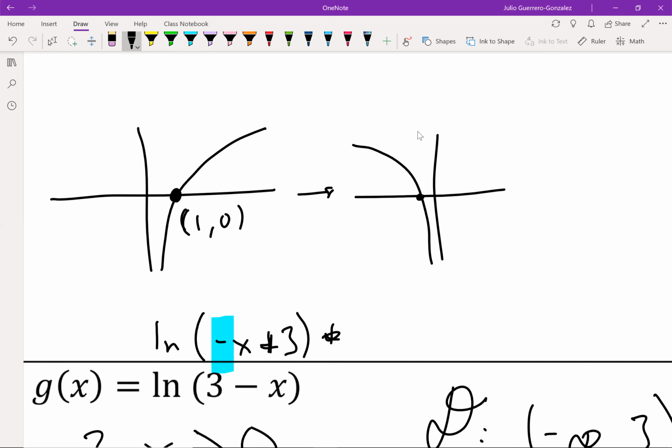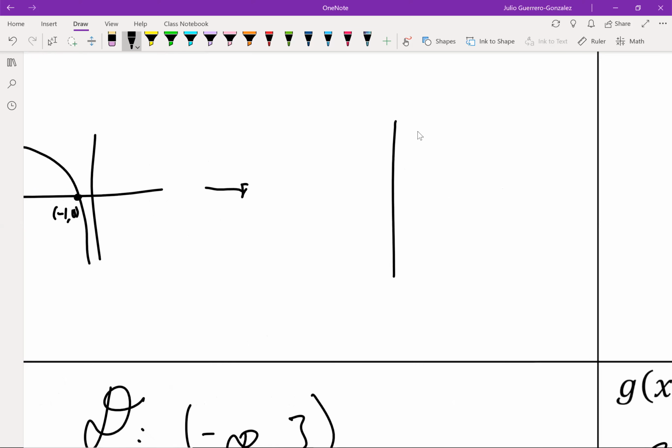Where's this point now? And because we know that the asymptote is at -3, we know this is the case, right?